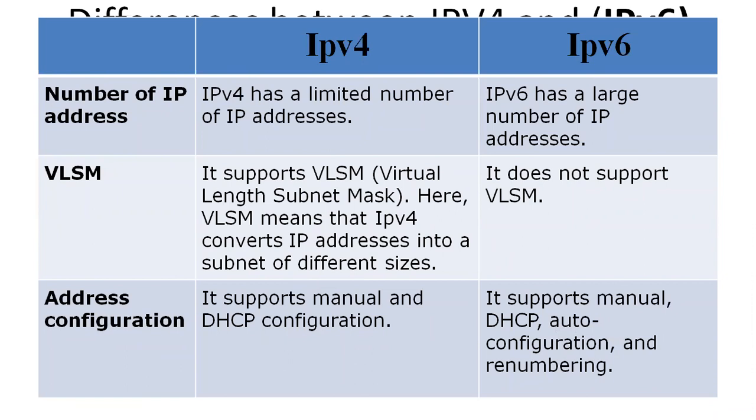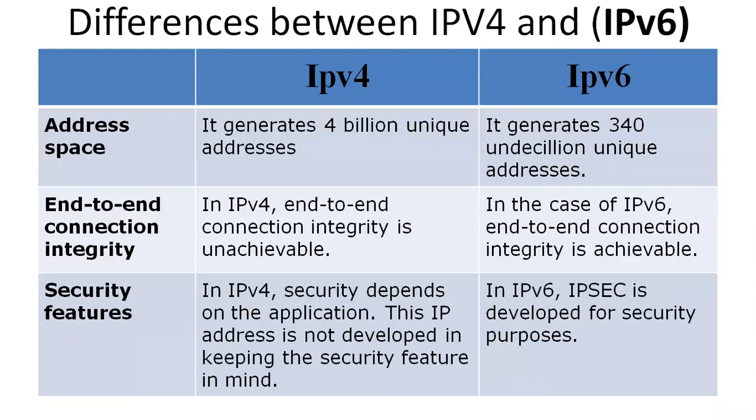And then address spaces: 4 billion address spaces are there in IP version 4, and in IP version 6 it is 340 undecillion.